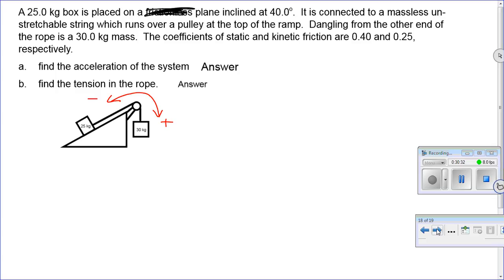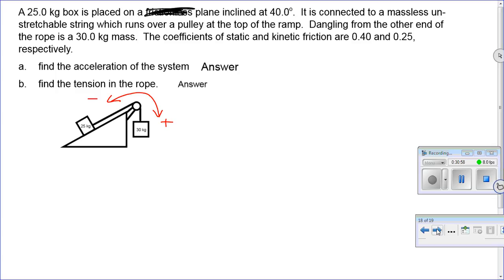I can think of at least three forces now that are going to affect the motion of the second object. The force of gravity perpendicular, the force of gravity parallel. The force of gravity perpendicular is this way. Is that contributing to it going this way or that way? Neither, right?